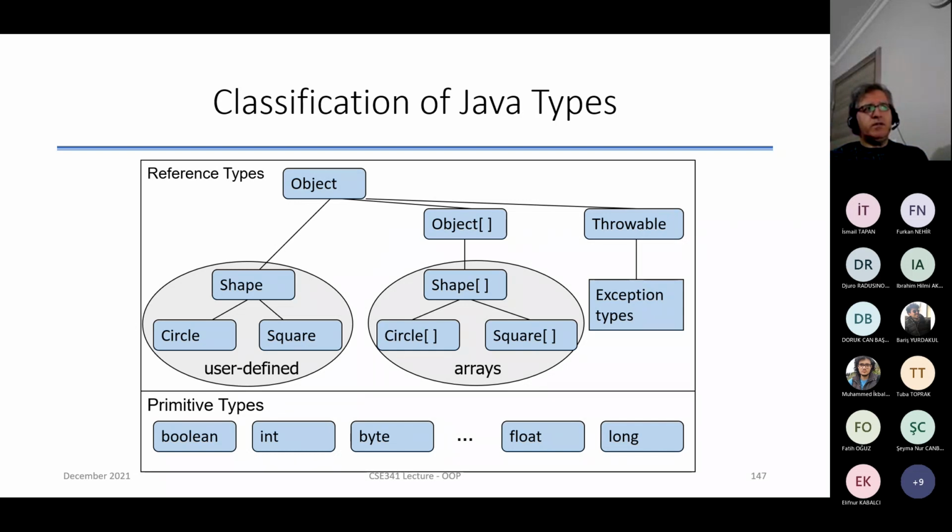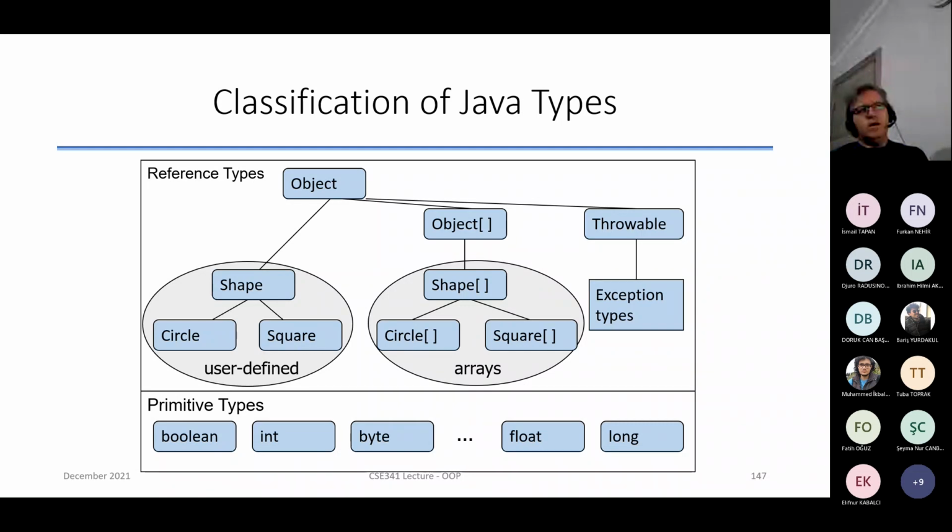You have the reference types and you have the primitive types. For the primitive types, you have Boolean, integer, byte, float, long, and so forth. And in the reference types, you start with an object, and you have an object array. This is an array. And then you have the user-defined types, classes, and interfaces.